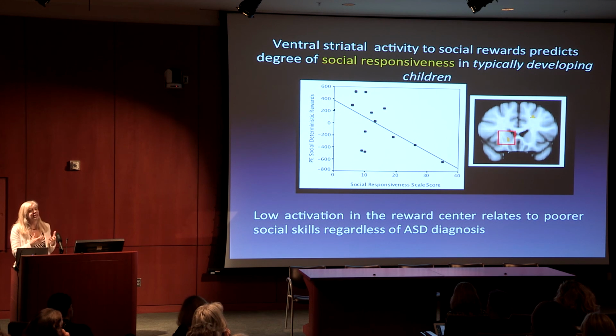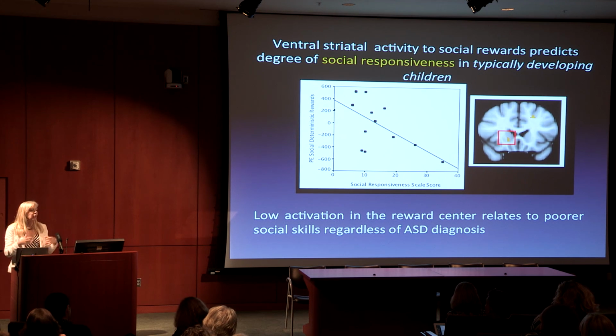The correlation is that the more response we get in this reward center, the better our social skills are. The less response we get in that reward center, the worse the social skills are. And so it suggests that the brain's ability to respond in this reward system is important for helping us develop social skills.